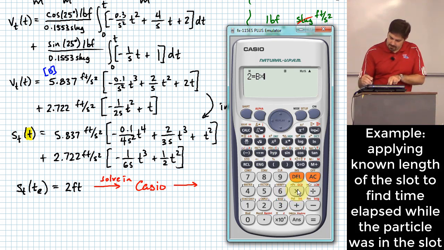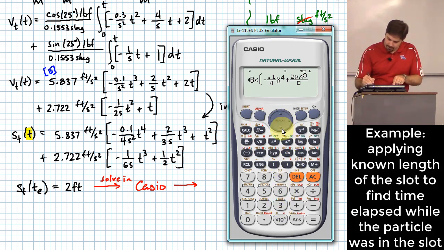I'm going to take that and multiply it by minus a fraction of 0.1 over 4. The variable that I'm going to use is x, and that's going to be to the 4th power, plus another fraction, 2 times x to the 3rd power over 3.